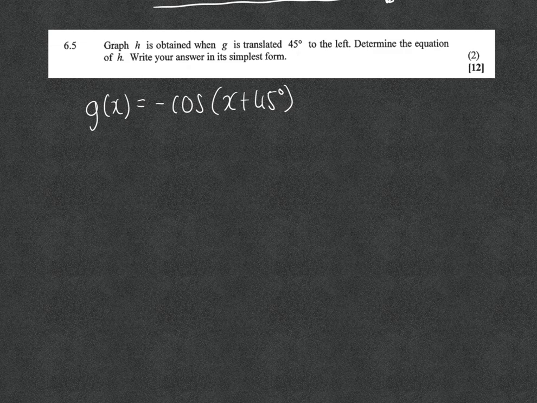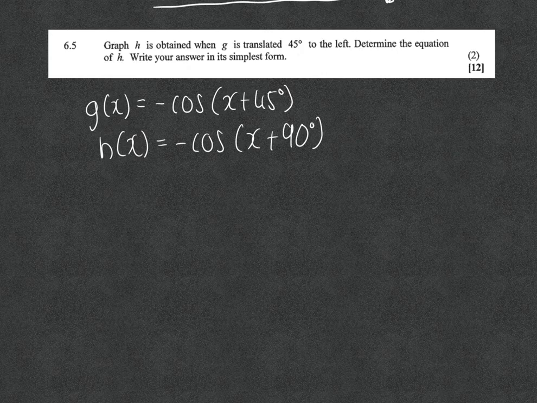Agreeing that plus 45 is a shift to the left, now it's being translated a further 45 degrees to the left. So H of X would be minus cos of X plus 90, because you are shifting it a further 45 degrees to the left.